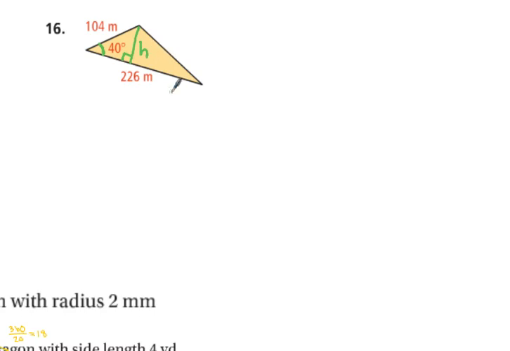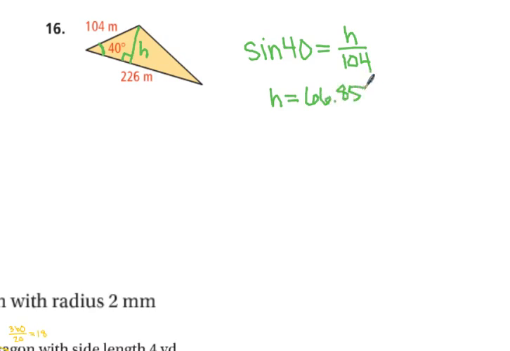So I have the opposite side length and the hypotenuse, so we're going to use sine. So the sine of 40 is going to equal our opposite over our hypotenuse. When we multiply this out, we'll multiply both sides by 104. So h is going to be about 66.85. Now I have a height.